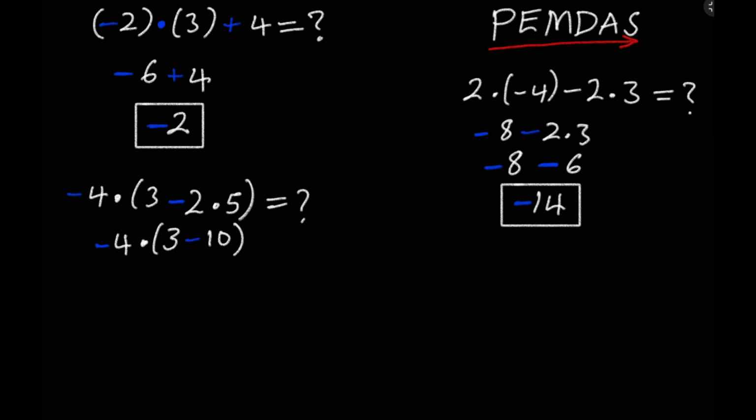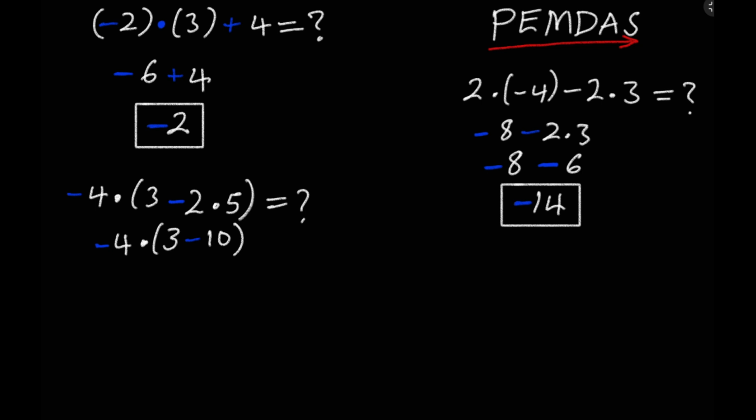Again, according to PEMDAS, we have to start with the parenthesis, so we have to complete the parenthesis. Now inside the parenthesis, we have only one operation, which is subtraction. So let's go ahead and subtract. We have positive 3 minus 10. Because the signs are different, the sign of 3 is positive, and that of 10 is negative, we subtract the magnitudes.